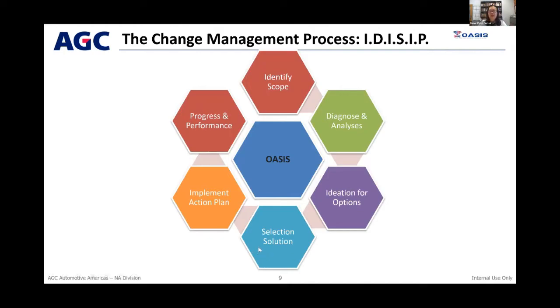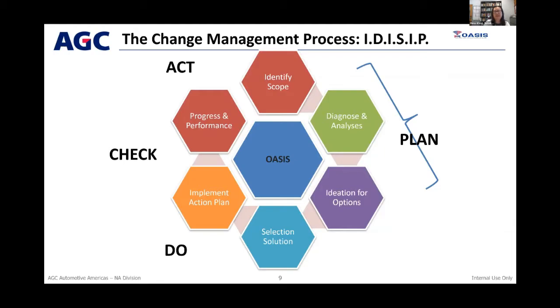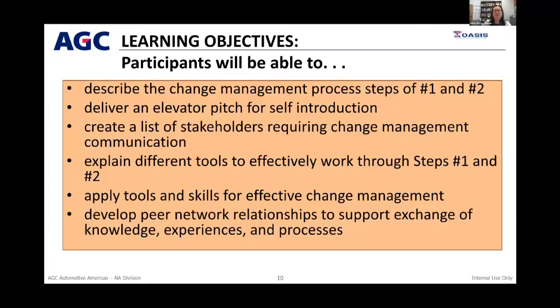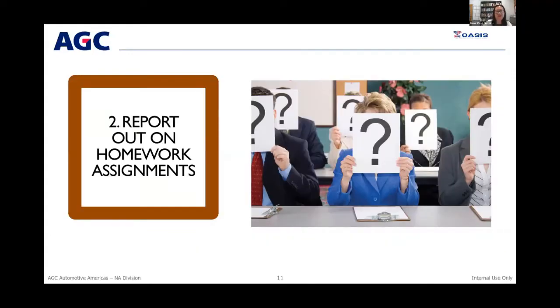And then selecting a solution before implementing, and then monitoring the progress and performance. This follows and is based upon the plan, do, check, and act, the PDCA process. So this session will move forward with our objectives to next time as well.